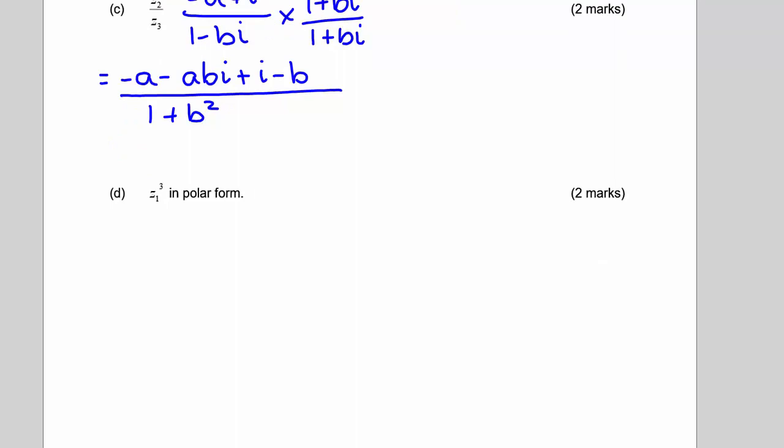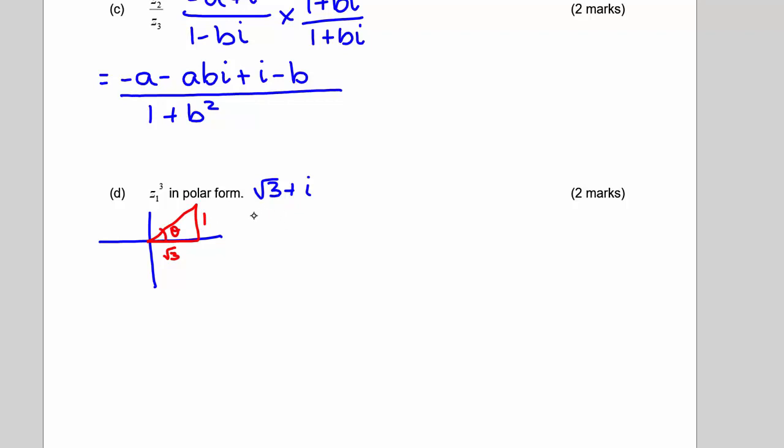Okay, Z1 in polar form. Right, so let's take a look at this. Z1 is root 3 plus I. Okay, so we've got root 3 plus I. There's our root 3. That's a 1. Let's call that theta.